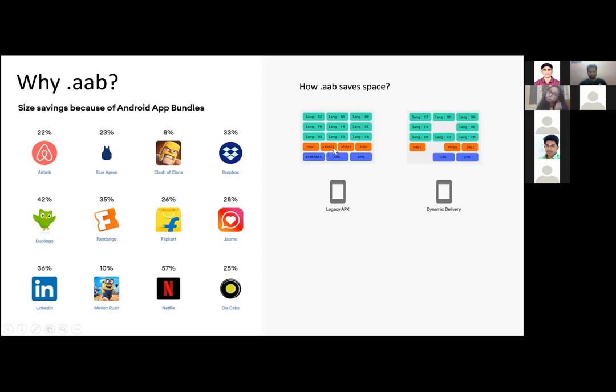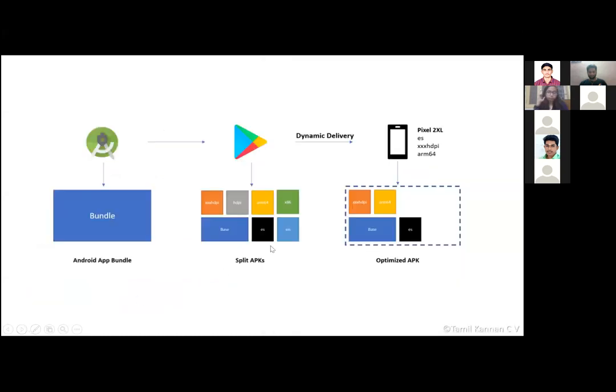Here the large screen density is shown, and these are the architectures. So only the needed things remain. Various brands of mobile are creating various Android devices, so we can sort out what resources are needed for what device. This may result in a smaller file size. So this is how AAB is reducing the size burden of applications.